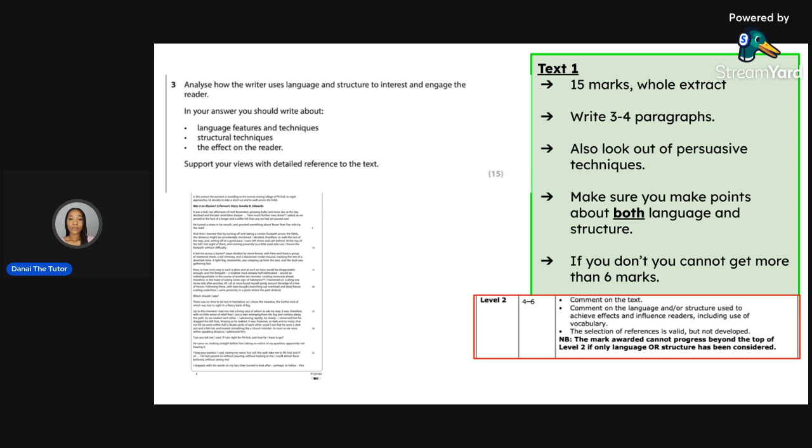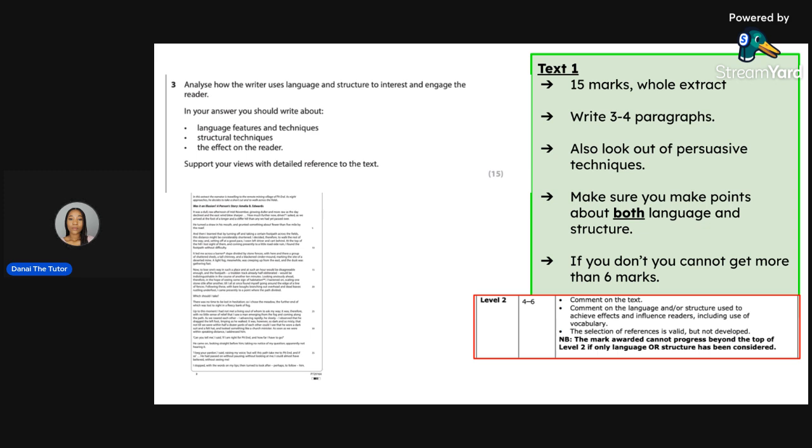For question 3, you will need to look at the whole text, and it's worth 15 marks. Write 3 to 4 paragraphs. This question asks you to analyze how the writer uses language and structure to interest and engage the reader. So that's what you are looking out for, language and structure techniques.